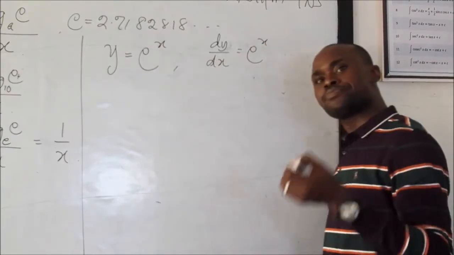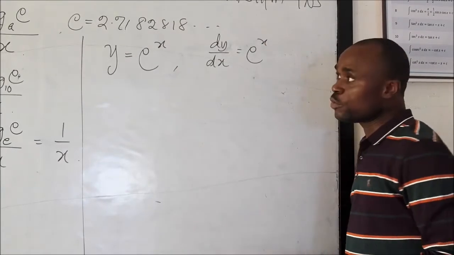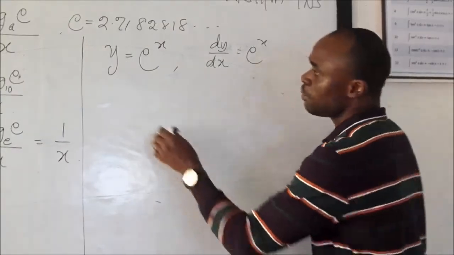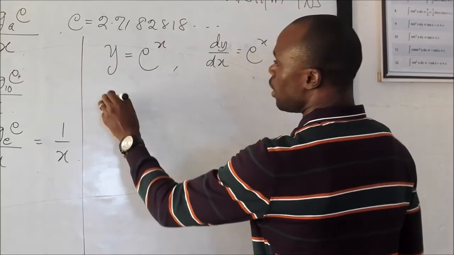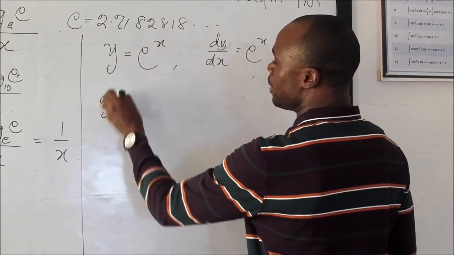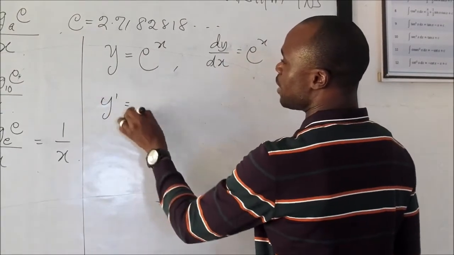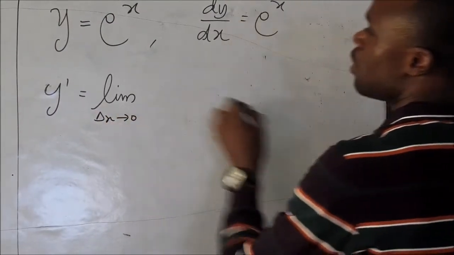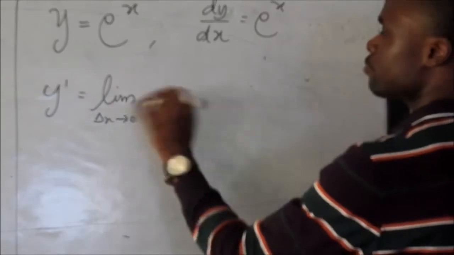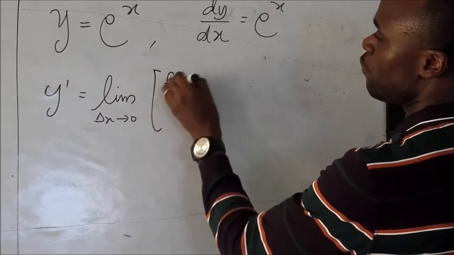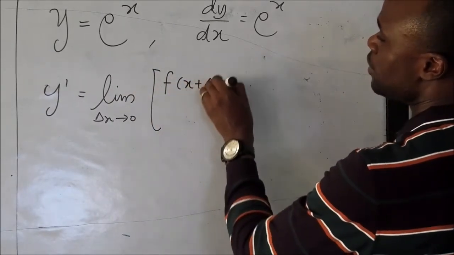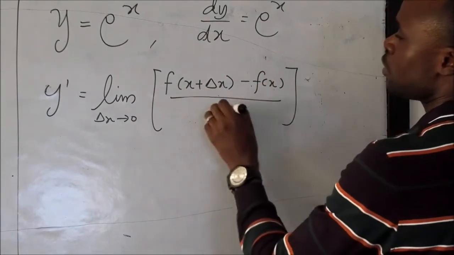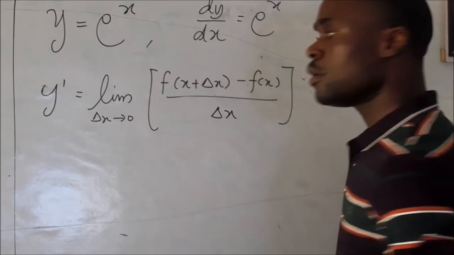Now, you remember the method we use when we want to differentiate by first principle. Remember we said that y prime is the same thing as the limit as change in x tends to 0 of f of x plus change in x minus f of x, divided by change in x.